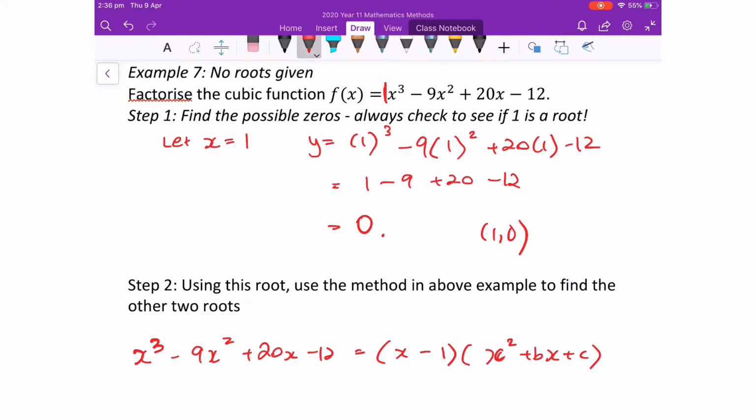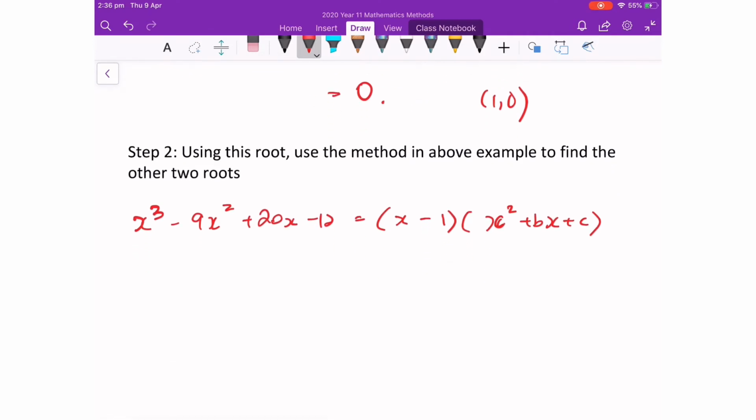Okay, so let's see if we can expand the right-hand side to help us figure out the left-hand side and find the coefficients. So I'm going to expand the brackets out. I'll start here, but just know that that goes there.